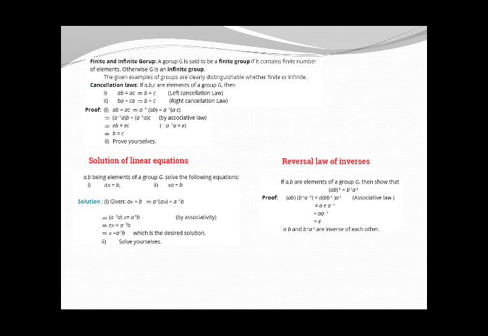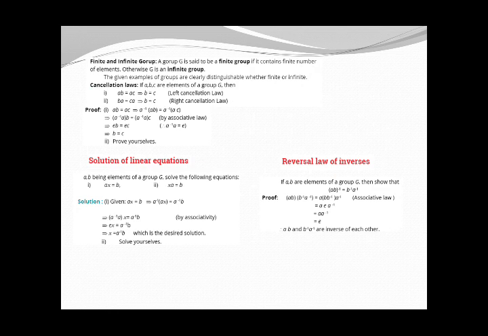And inverse of A multiplied by A: if we multiply any number with its inverse, it equals the identity, and identity multiplied by any number gives the same number.